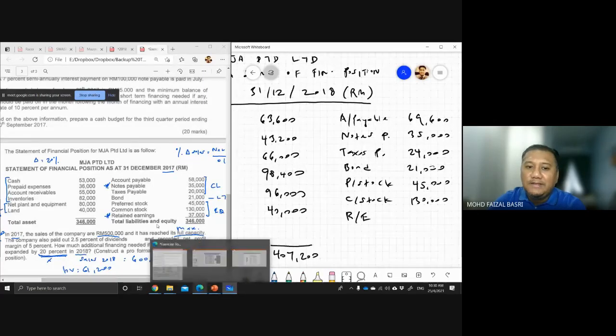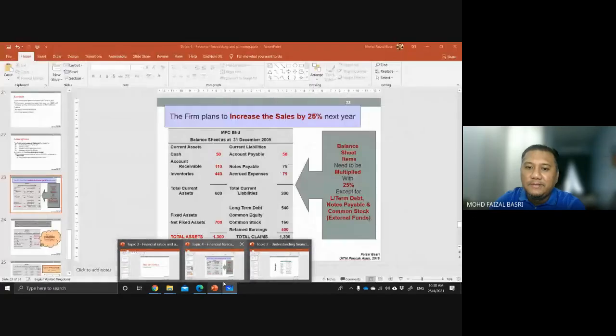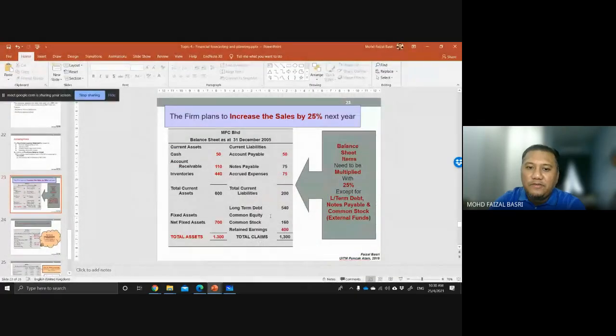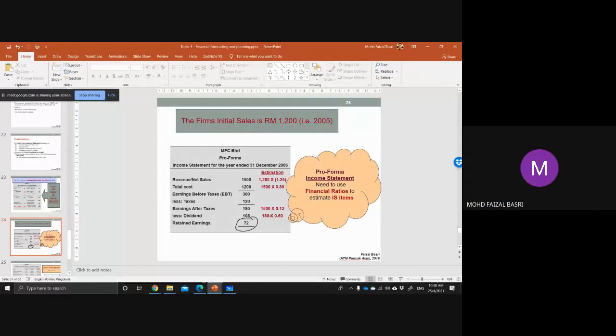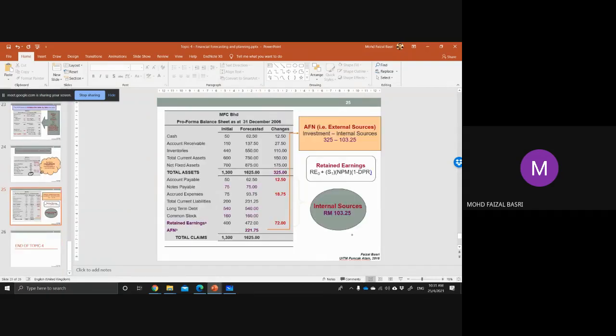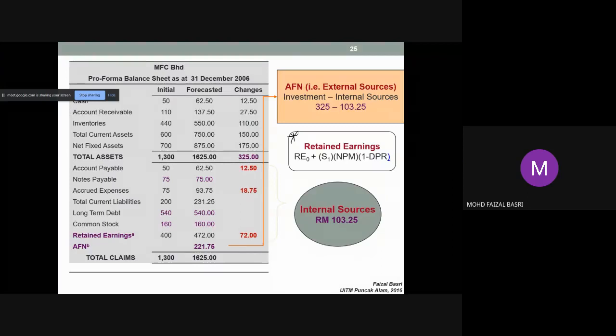Alternatively, sebab Proforma income statement, kita nak cari ni je sebenarnya: we want to know how much is the retained earning in the Proforma income statement. So if we don't prepare the Proforma income statement, alternatively, we can use this formula. Formula ni ada dalam notes, the formula of new retained earnings.